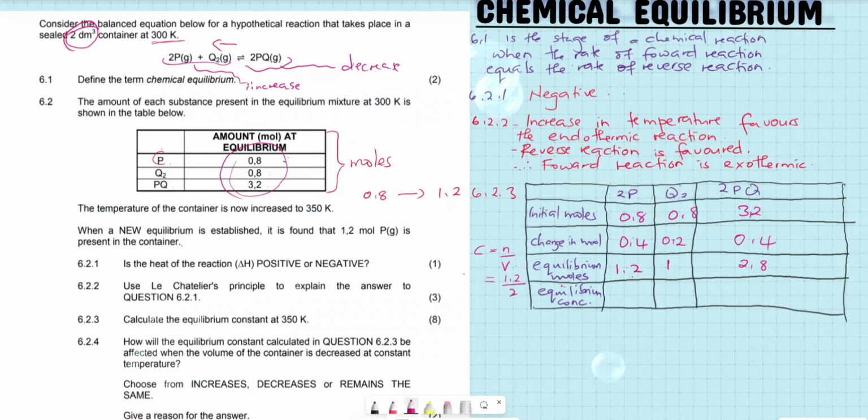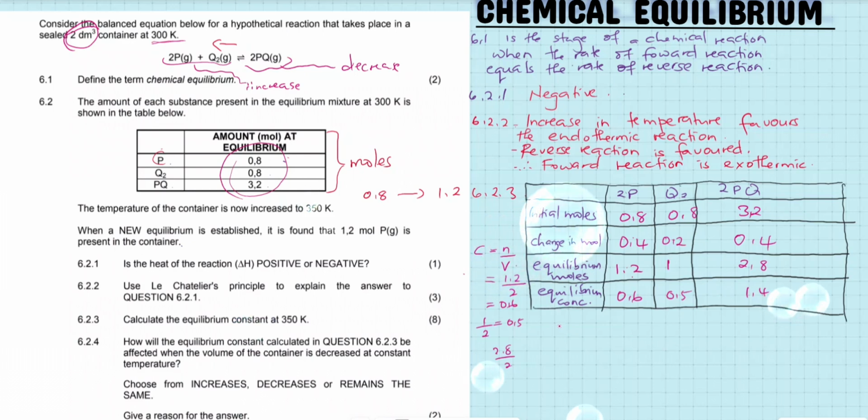So we divide by 2: 1,2 divided by 2 gives us 0,6. So we have 0,6 concentration here. Then for this one, 1 divided by 2 gives us 0,5. Then for this one, 2,8 divided by 2, we get 1,4 mole per cubic decimeter.